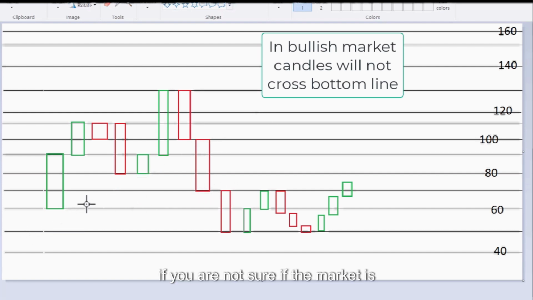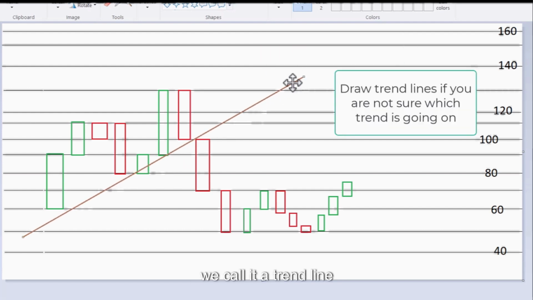If you are not sure if the market is in an uptrend or a downtrend, what you need to do is draw a line. In technical terms, we call it a trend line. You see, none of these candles totally crosses this line, which means the market is now in an uptrend.